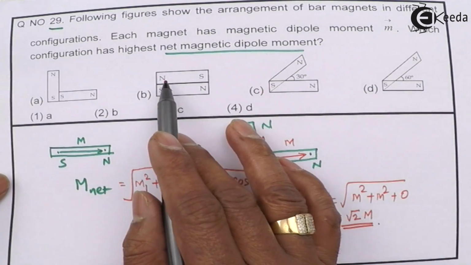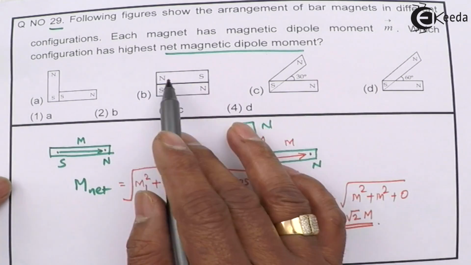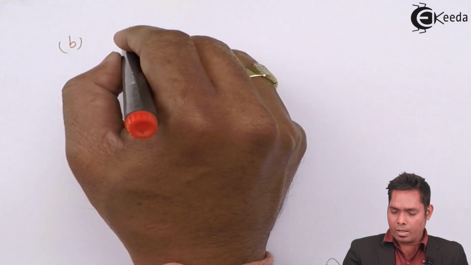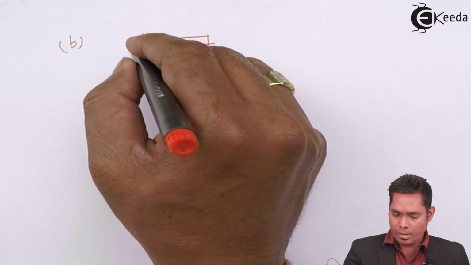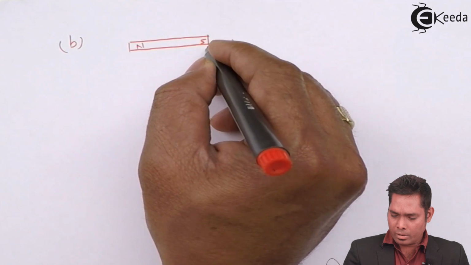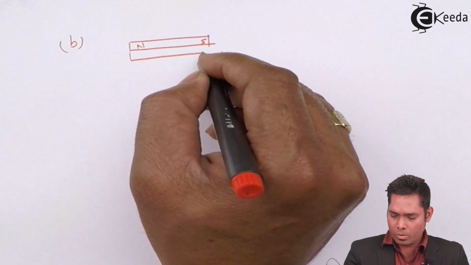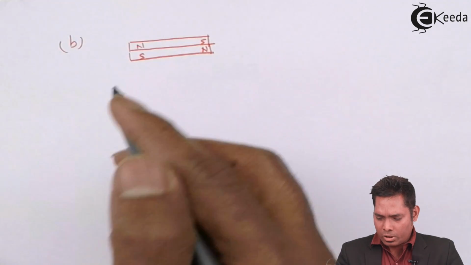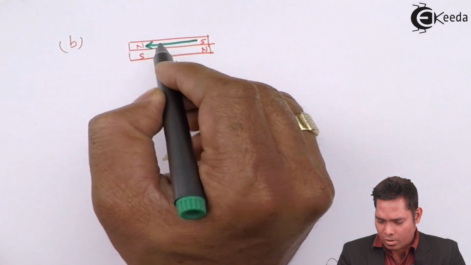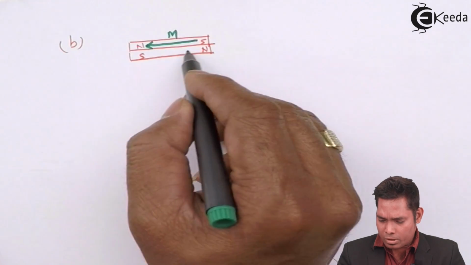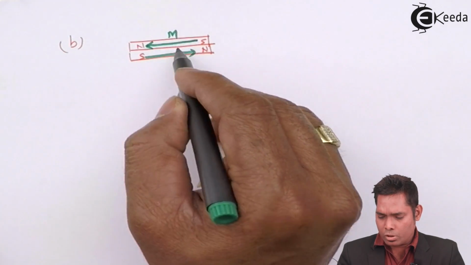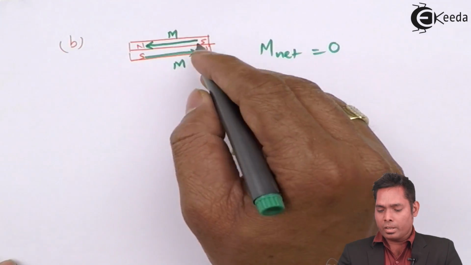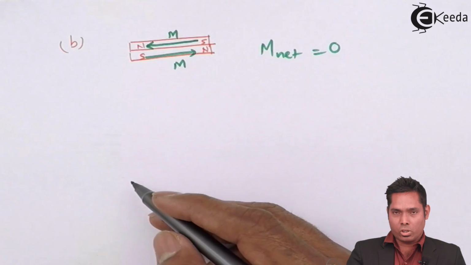For figure B, we have NS and SN arranged oppositely, with the other magnet kept below as NS. This is the direction of M, and for this magnet this is the direction of M. These two are oppositely directed, so M net equals 0 because the angle is 180.